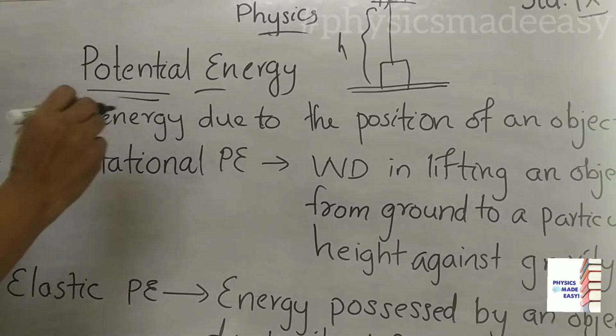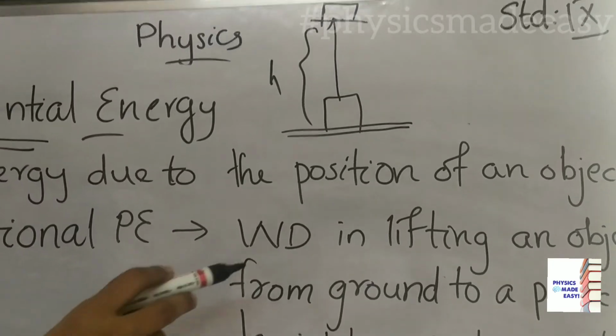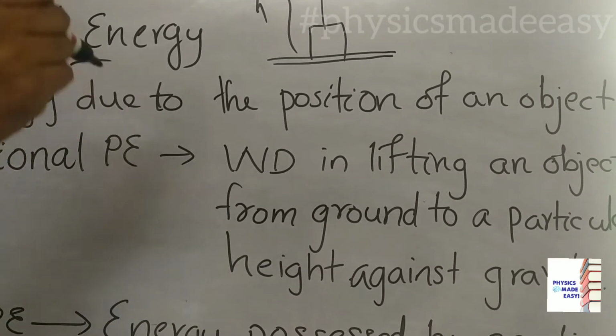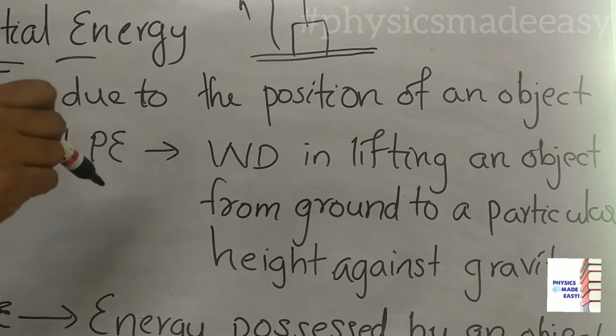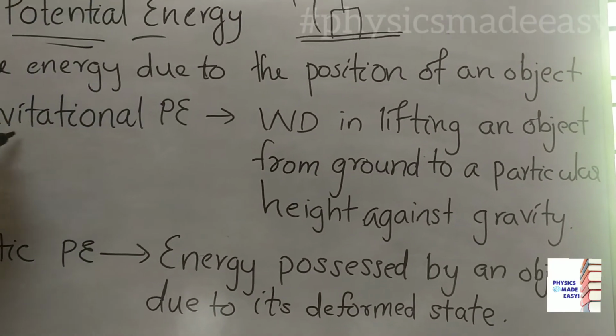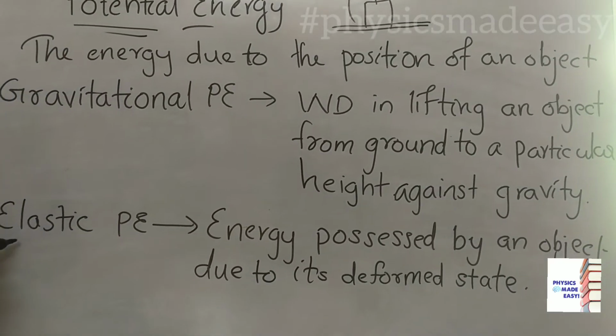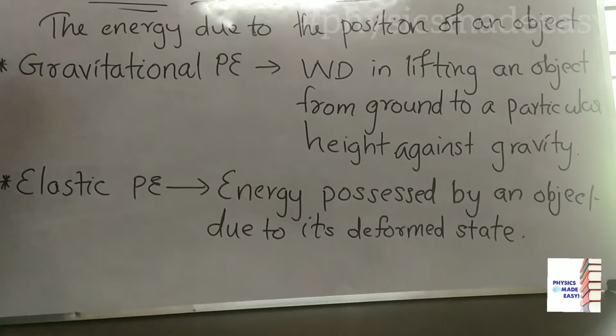So the gravitational potential energy is the work done in lifting an object from the ground to a particular height against gravity. Here the work done is against the force of gravity. That work done we can call gravitational potential energy. Now the second one is elastic potential energy.